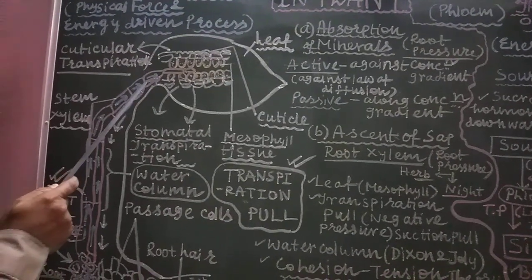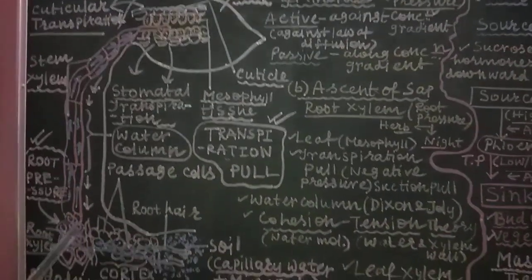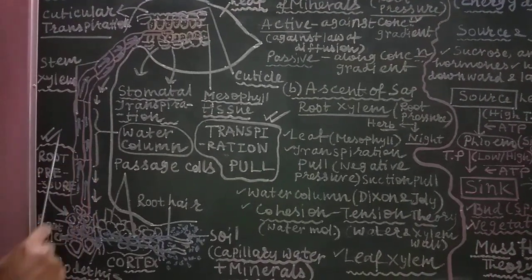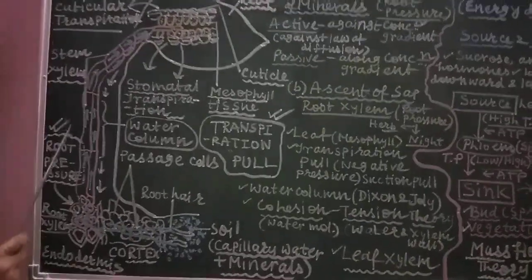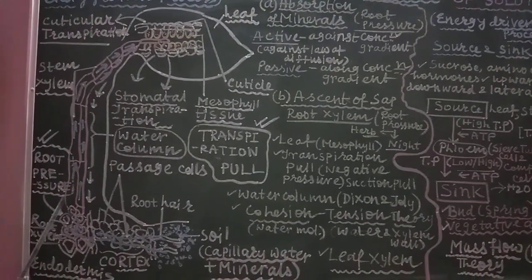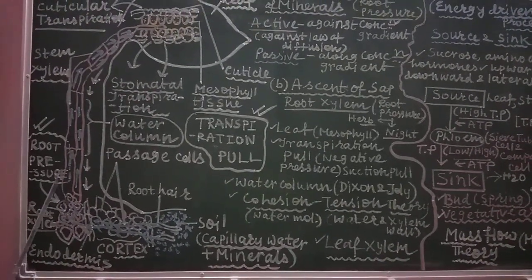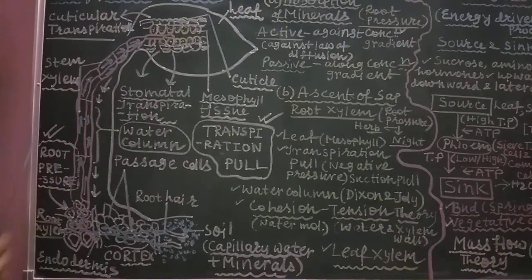This suction pull forms a negative pressure here. Due to the negative pressure gradient, through the xylem tissue, that is the trachea mainly, water is moving upwards. In this way, a water column is maintained which is pushing the water from the root xylem through the stem xylem to the leaf xylem.